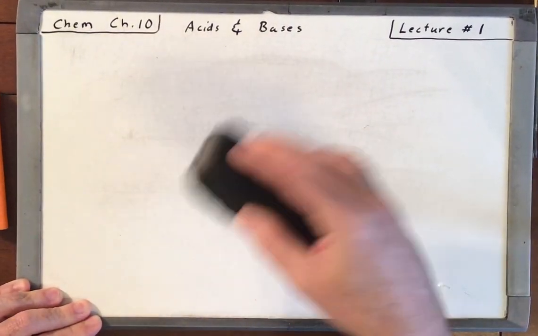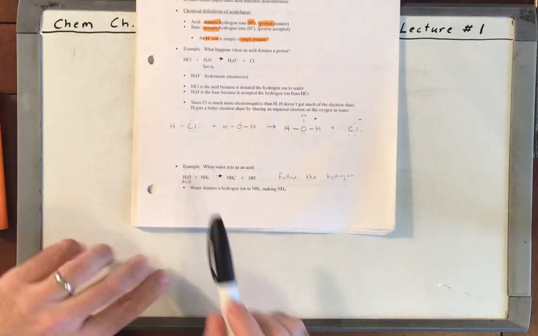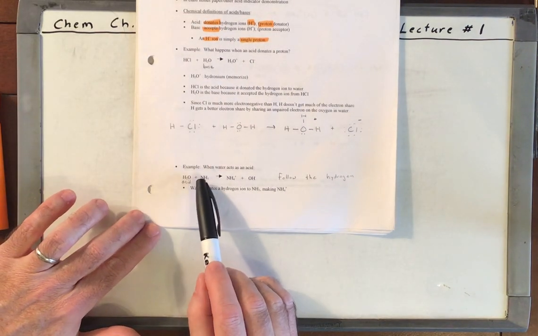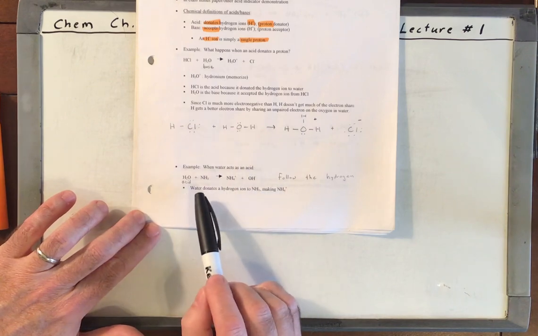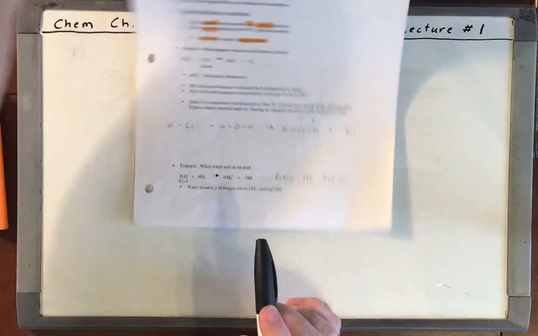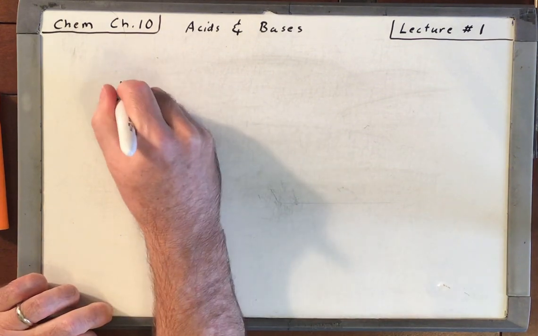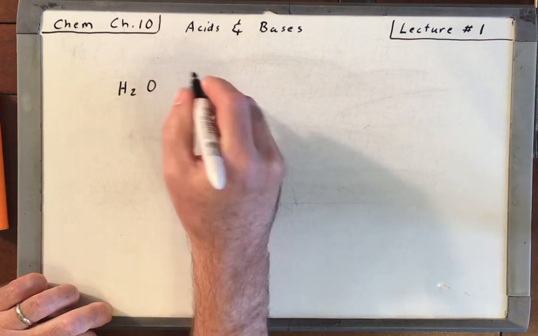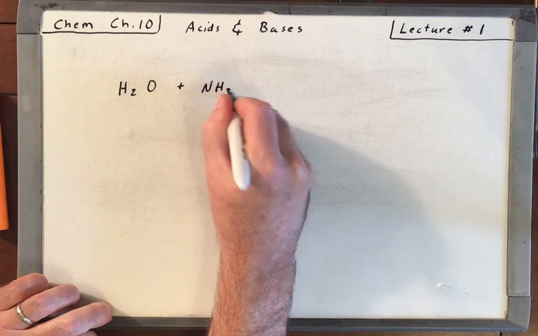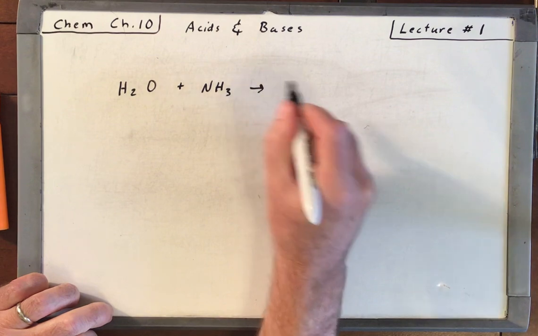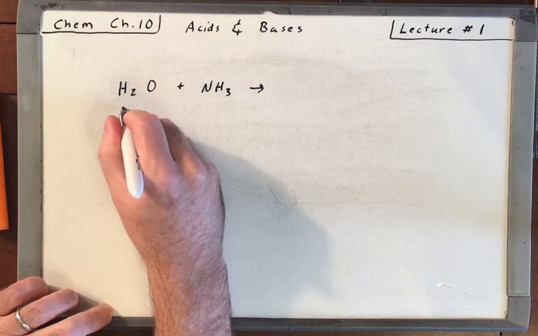Where we are in the notes, we are at the bottom of page 1, when water acts as an acid. Water can be both an acid and a base. I'm going to write out that reaction. We have H2O, plus NH3. Of course, you don't have to write it out, it's on your notes. In this case, water is our acid.